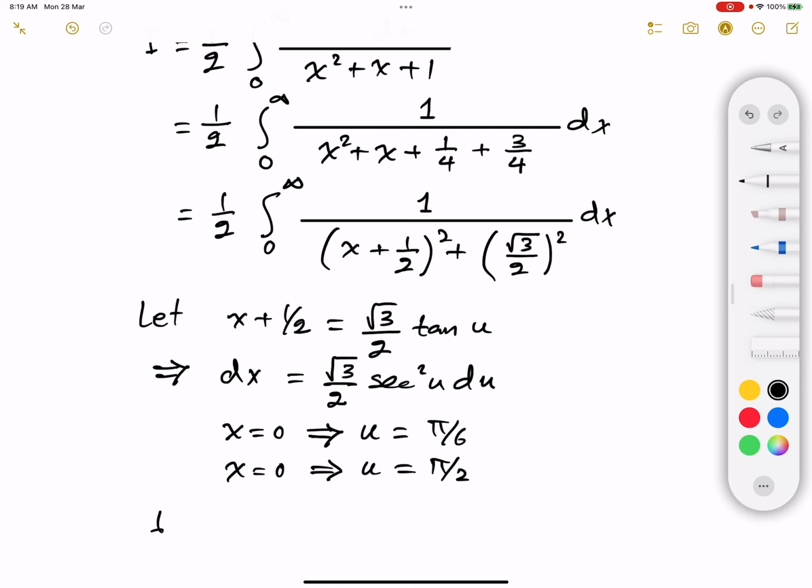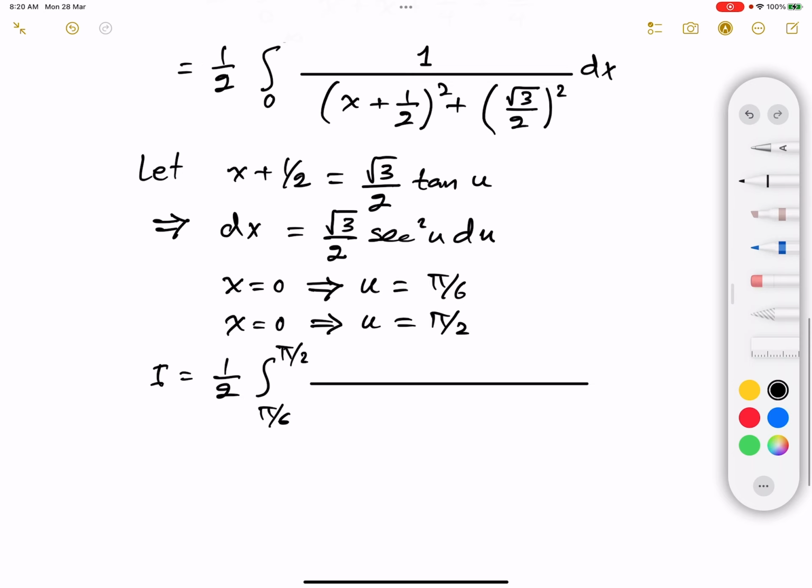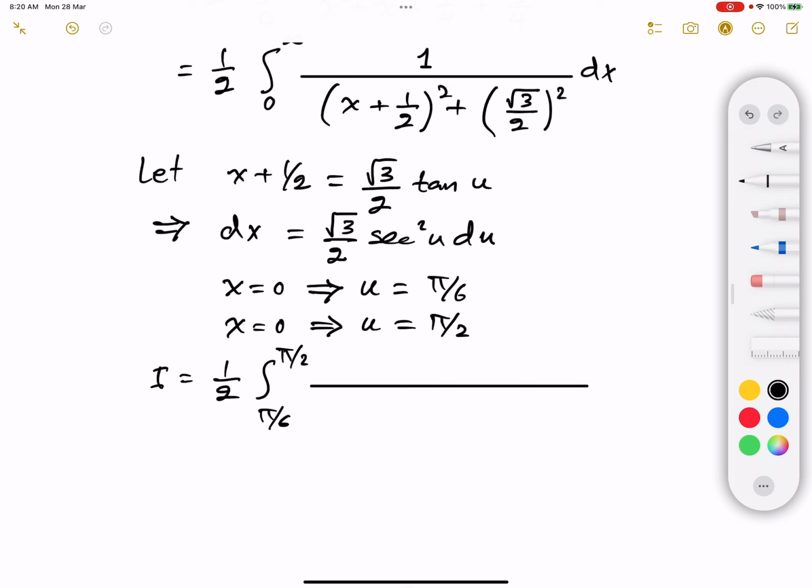So the integral now becomes half the integration from, as we said, 0 becoming pi over 6, to pi over 2, and then we can do the substitution here. The dx, of course, becomes the square root of 3 over 2 secant squared u du. And then in the denominator, that would give us 3 by 4 tangent squared of u plus 1.